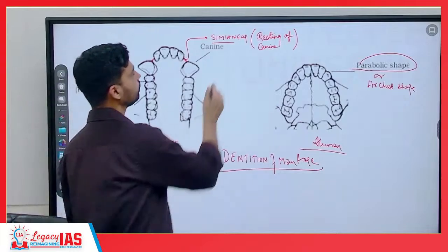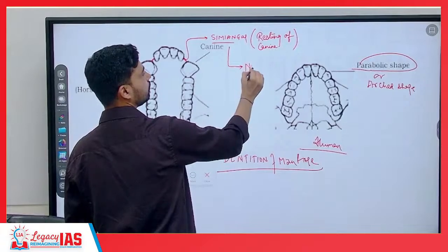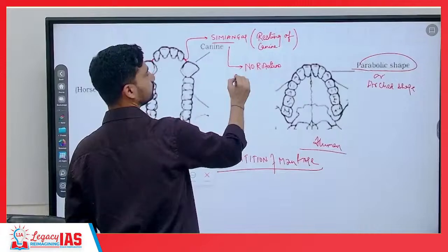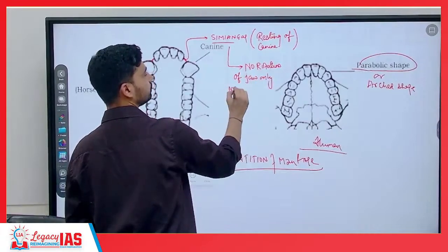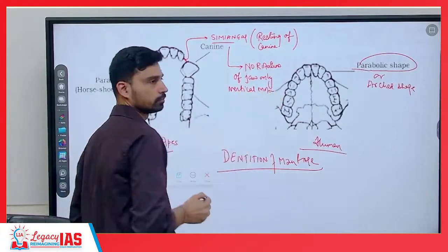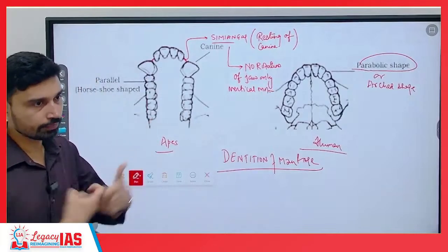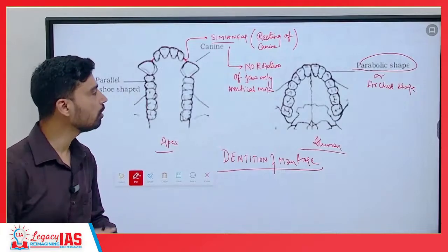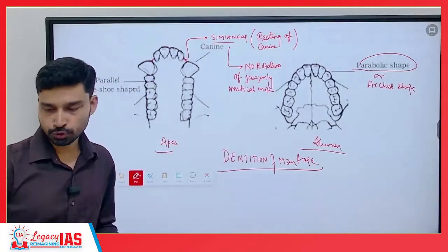So we can write here: thus in apes, no rotation of jaw is possible, only vertical motion. If they try to rotate the jaw, the upper canine and lower canine will collide with each other. So due to this, only vertical motion of the jaw is exhibited.